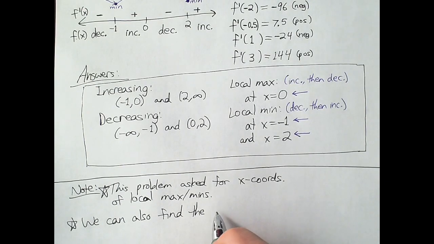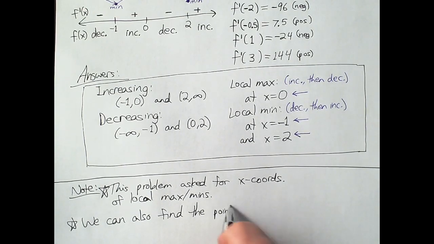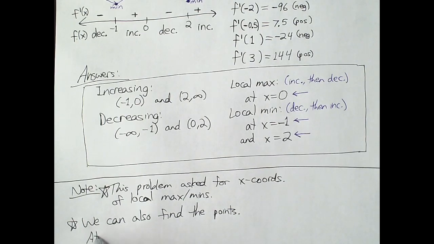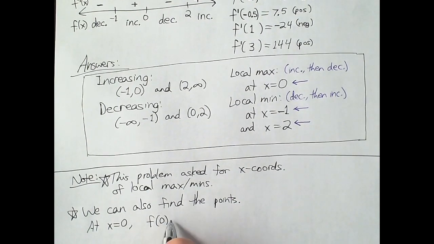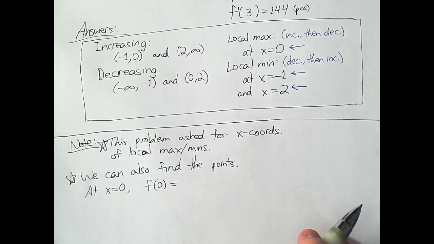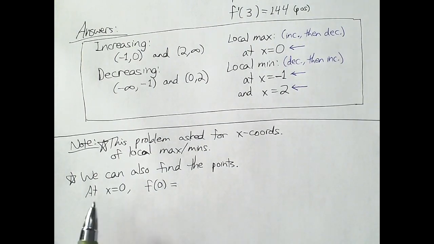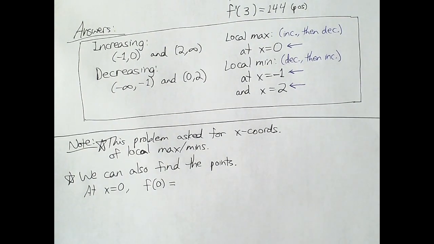We can also find the points. So at x equals 0, what is f? If a problem asks you to do this, you want to be ready for it just in case. What's f? Go back to way back when we had the original function.